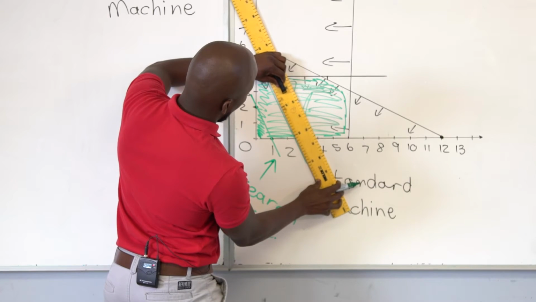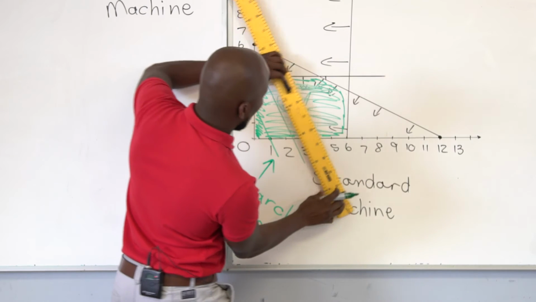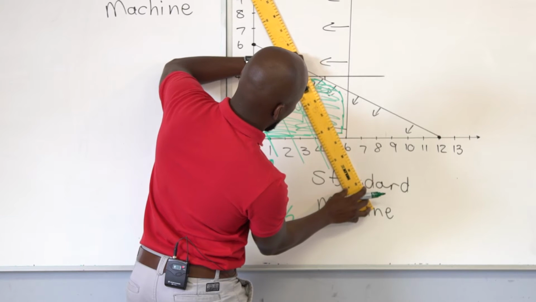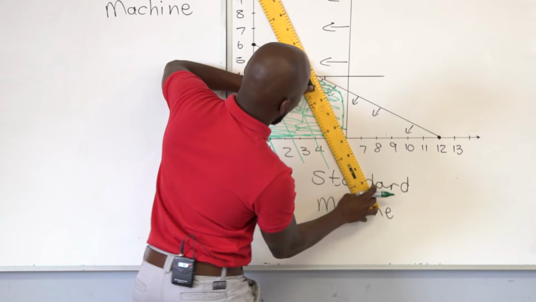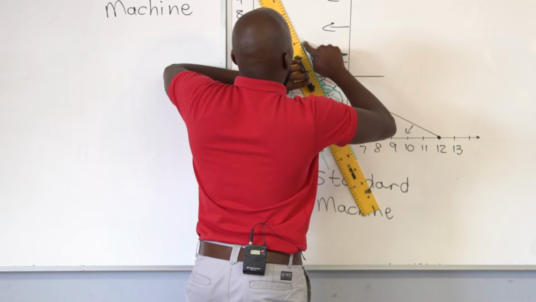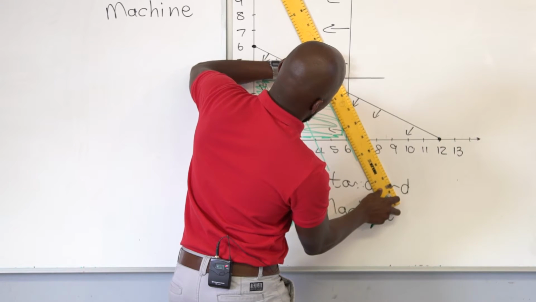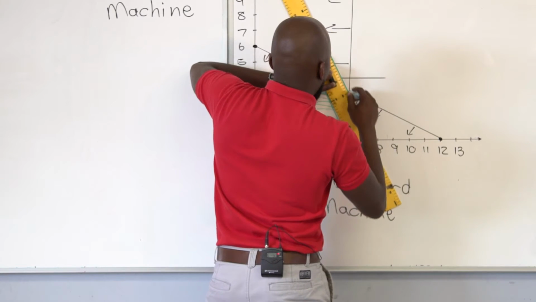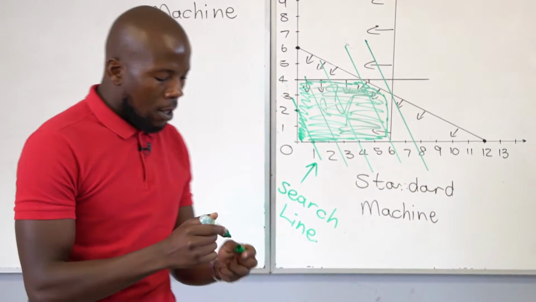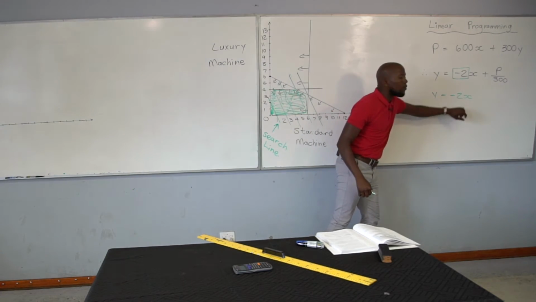Once again, as I said, there's no shortcut to this. You have to be patient when solving these problems. Any shortcuts will be to your own detriment. Okay, see there. There's my succession of lines, each with a gradient of negative 2.